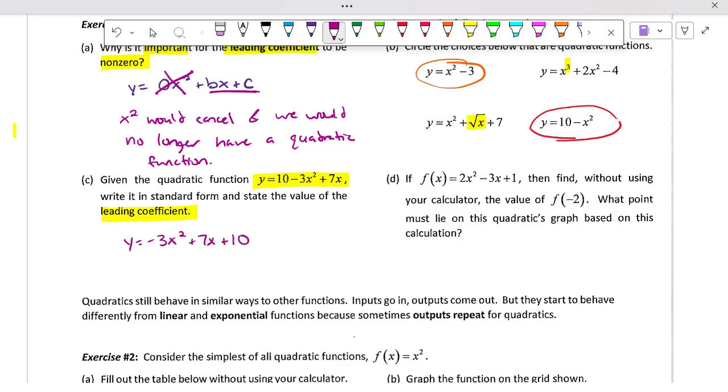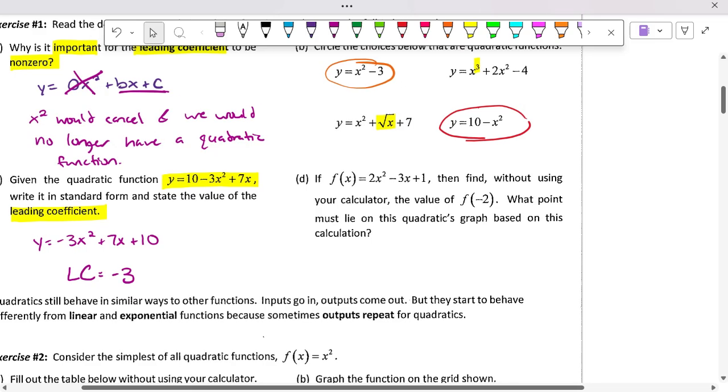Now, why is that considered its standard form, Amelia? Right, because the exponents are in descending order. All right. So, that being said, what is my leading coefficient? Sutton. Negative 3. So remember, it's the coefficient connected to the variable with the highest exponent. So in this case, the x squared.